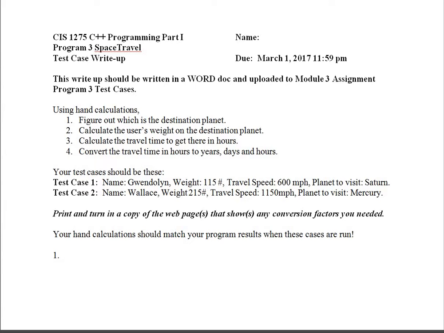So here are the steps we're going to take. Let's start with step 1. Figure out the destination planet. That is Saturn. And the distance to Saturn is 886 million miles.